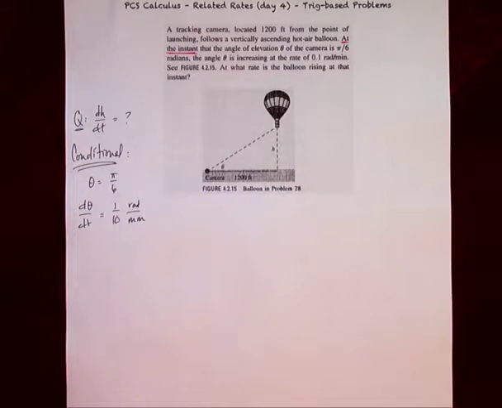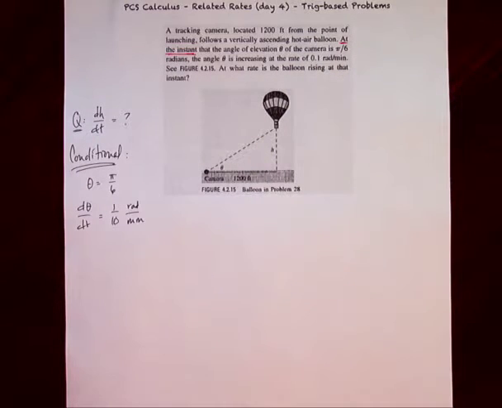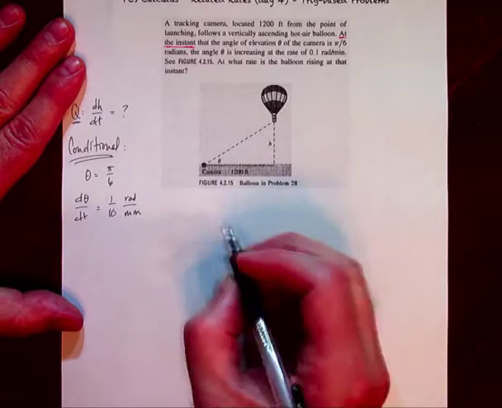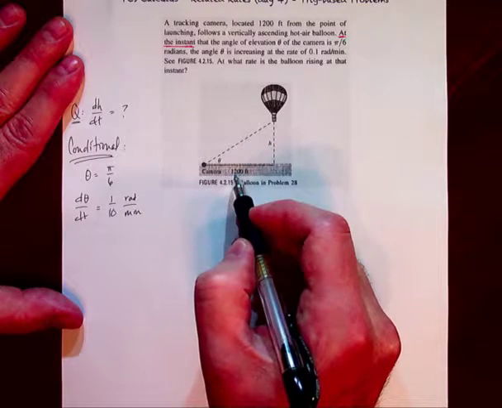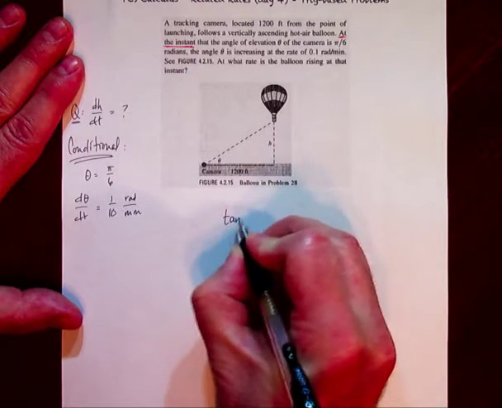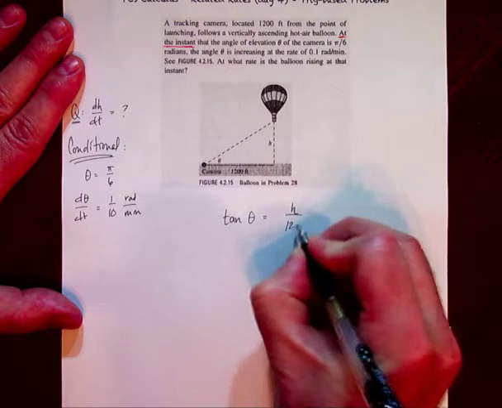Now, why they would give us this in a ratio and that in a decimal, I have no idea. So I'm just going to change it to a fraction so that we can do any simplification that is necessary. Now, the angle of elevation, we have h as its opposite, and we have a constant as its adjacent. So let's go ahead and do tangent of theta is equal to h over 1200.